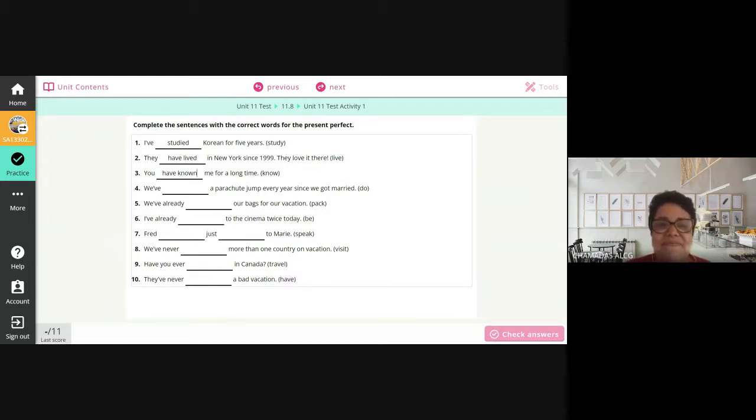It's there. Okay? So what do I need? I just need to put the second part, the main verb. The main verb is the verb to do. So how do I use the verb do in the past participle?